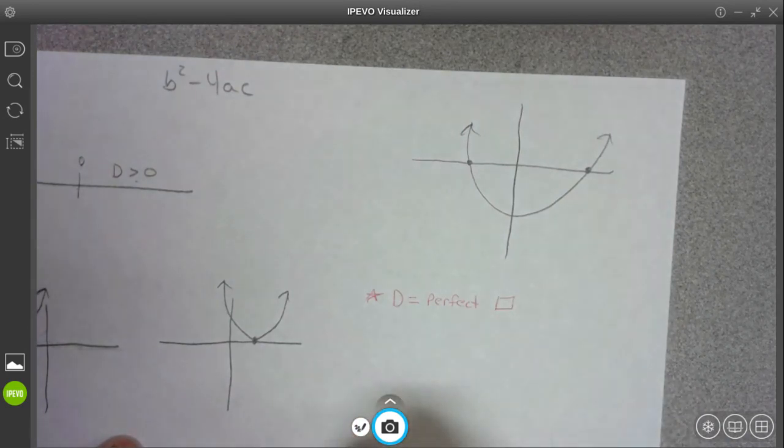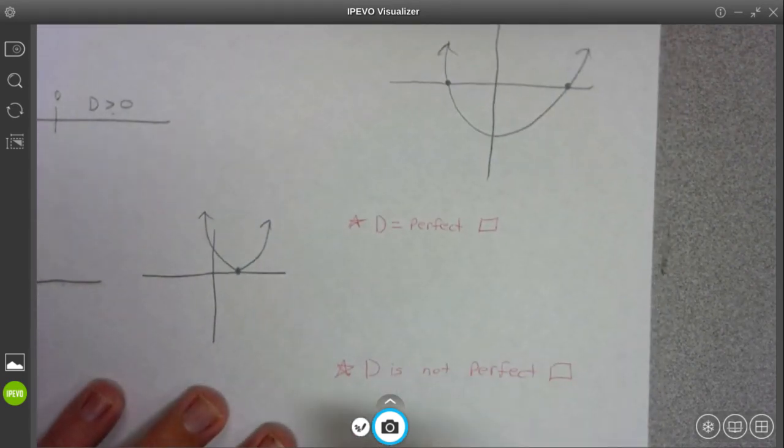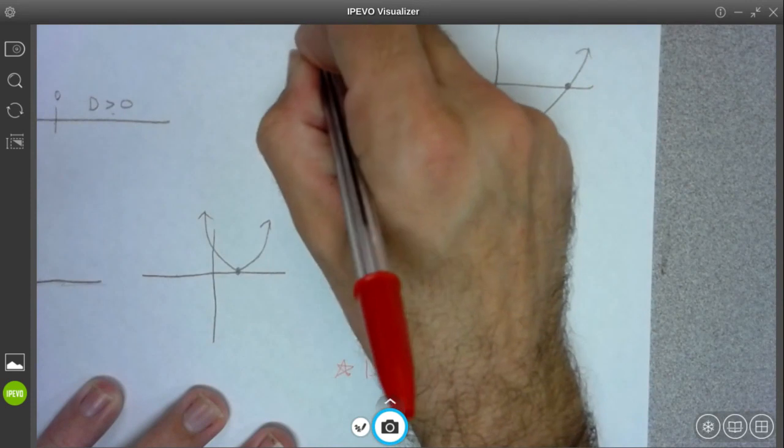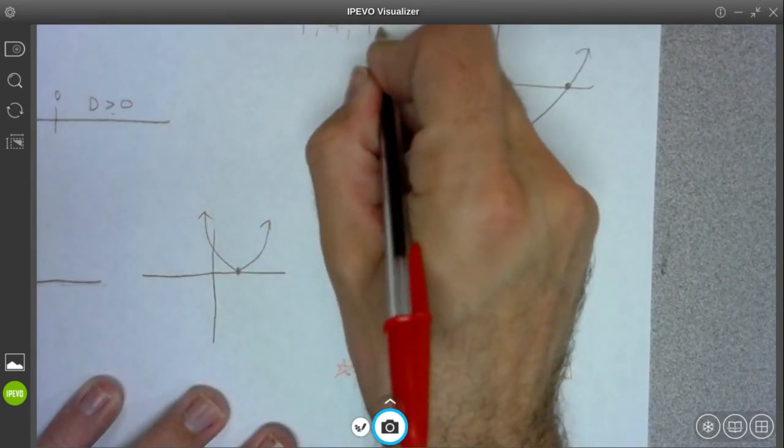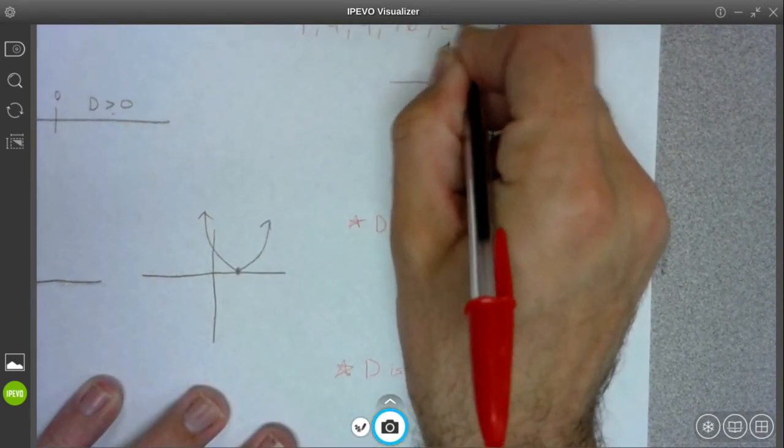And the other case is when D is not a perfect square. Hopefully you remember what a perfect square is. Perfect squares are the numbers like 1, 4, 9, 16, 25, and so on.